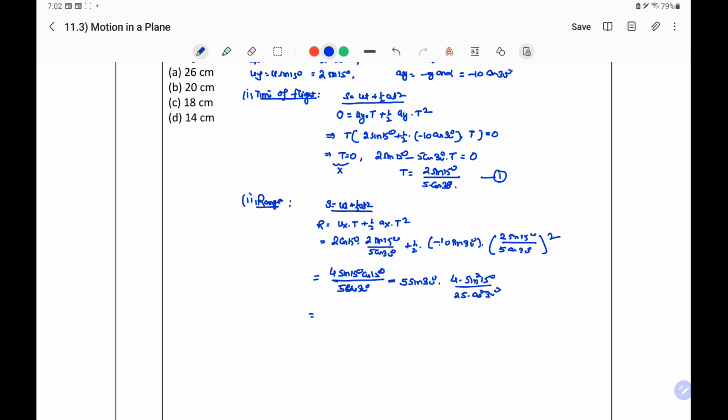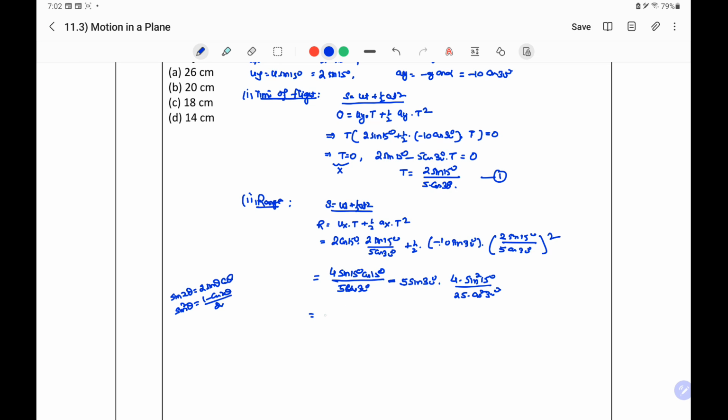This will be equal to, sine 15 and cos 15 can be converted into sine 30 degree using the formula sine 2 theta is equal to 2 sine theta cos theta, and here sine square theta can also be written as 1 minus cos 2 theta by 2.